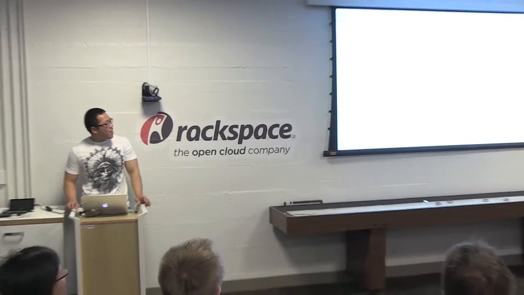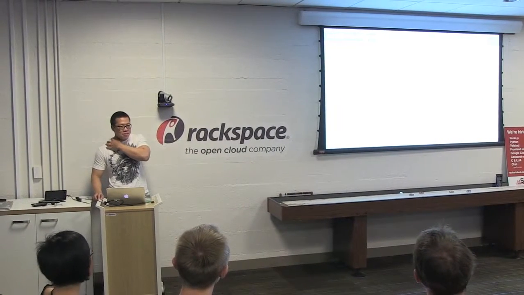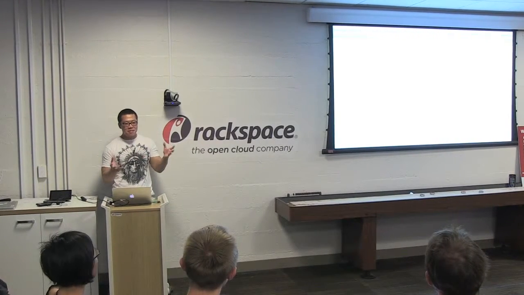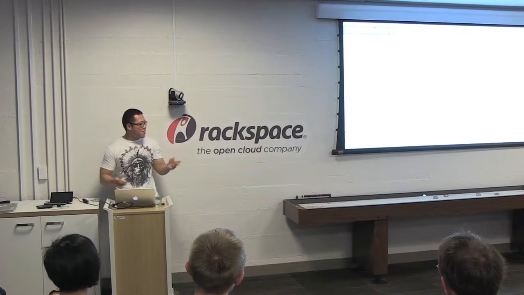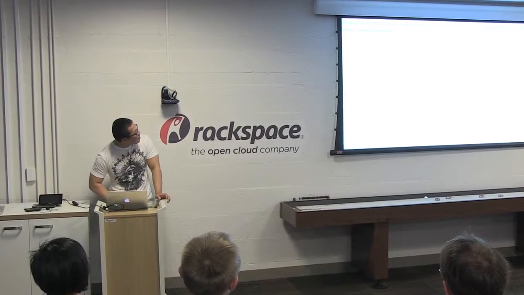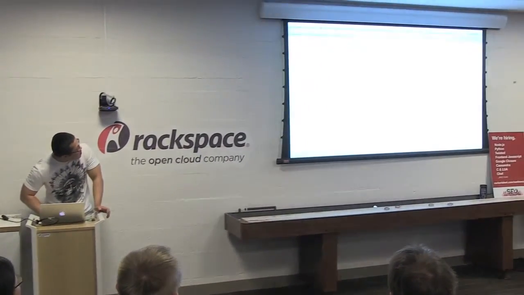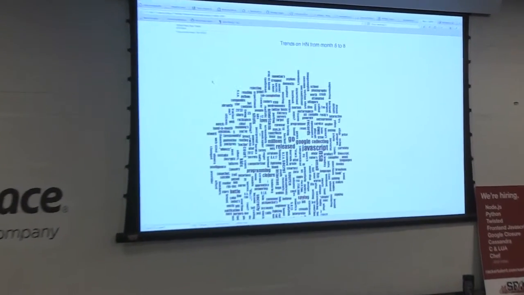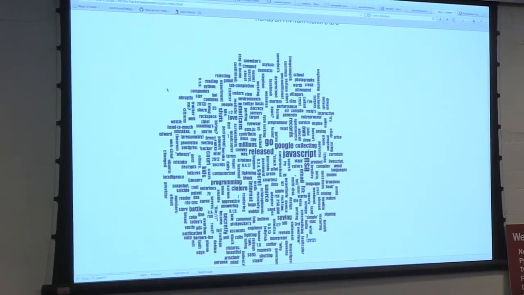So I wanted to do this because I'm really obsessed with Hacker News, and I just kind of want to see like what's going on at Hacker News, right? Because I don't really have much time to read everything. So basically, you can just pick a month, and it'll generate what's really going on.